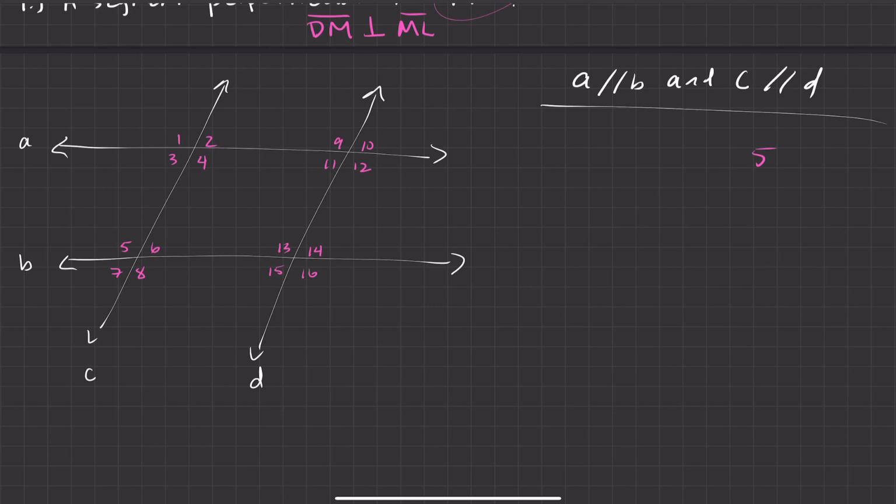Let's go ahead and take a look at angles 12 and 13. I feel like I did angles 12 and 13, did I not? No, I did not. Okay, so 12 is part of line A, 13 is part of line B. 12 and 13 both share line D as the transversal.